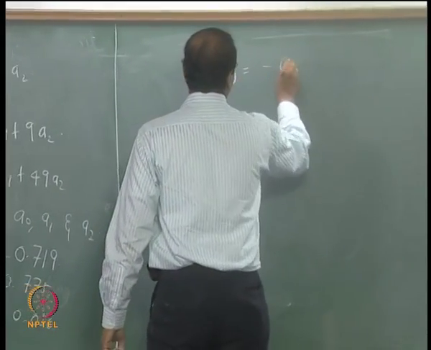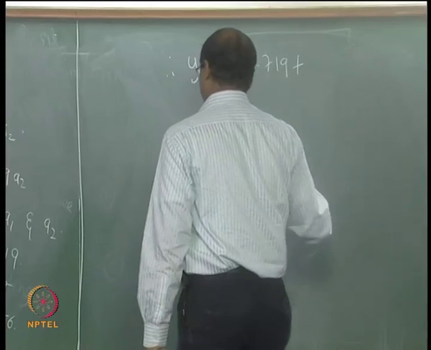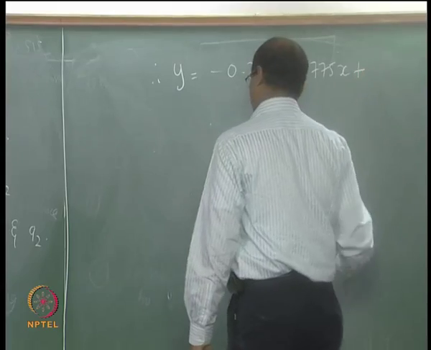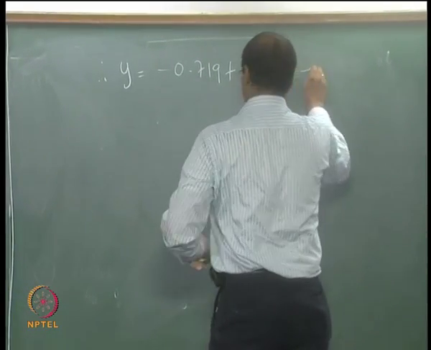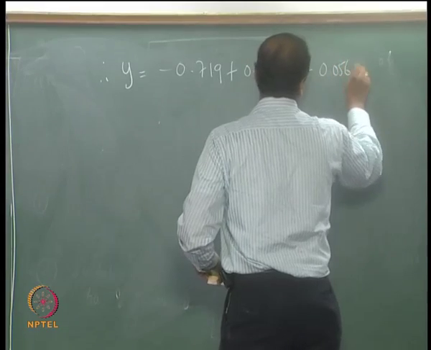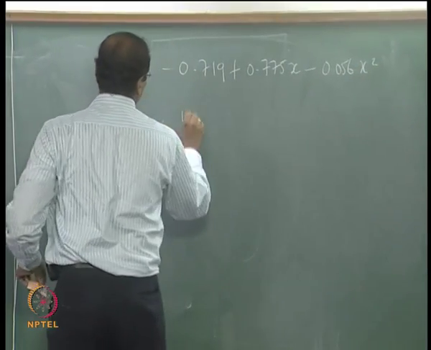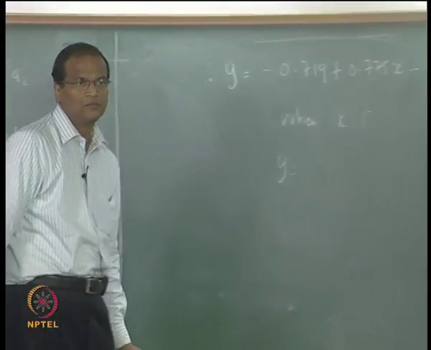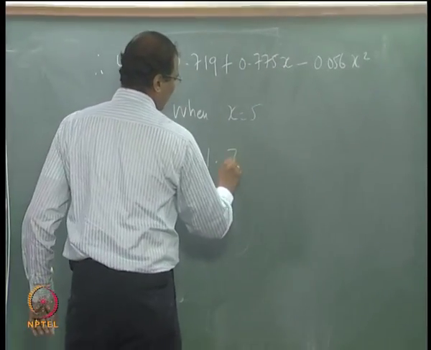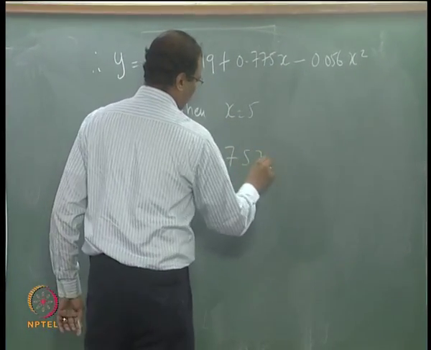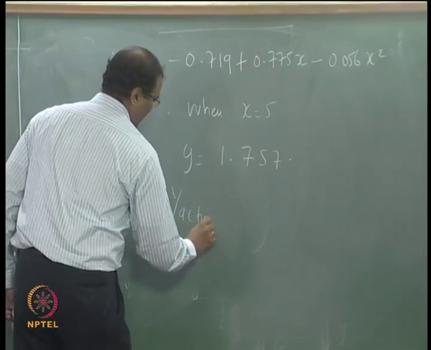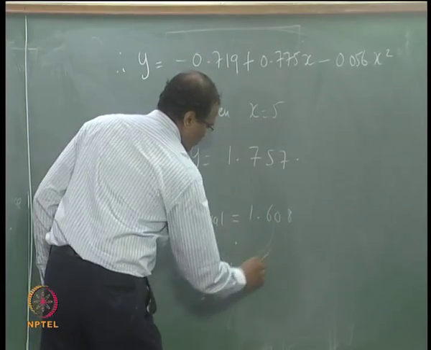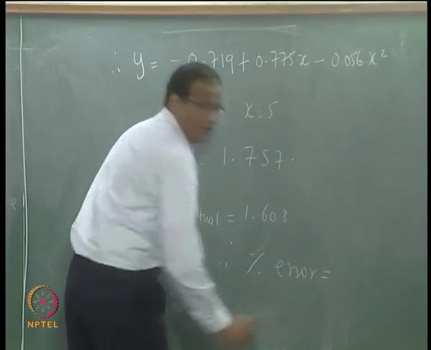Therefore y is equal to minus seven 1.609. 9.17.